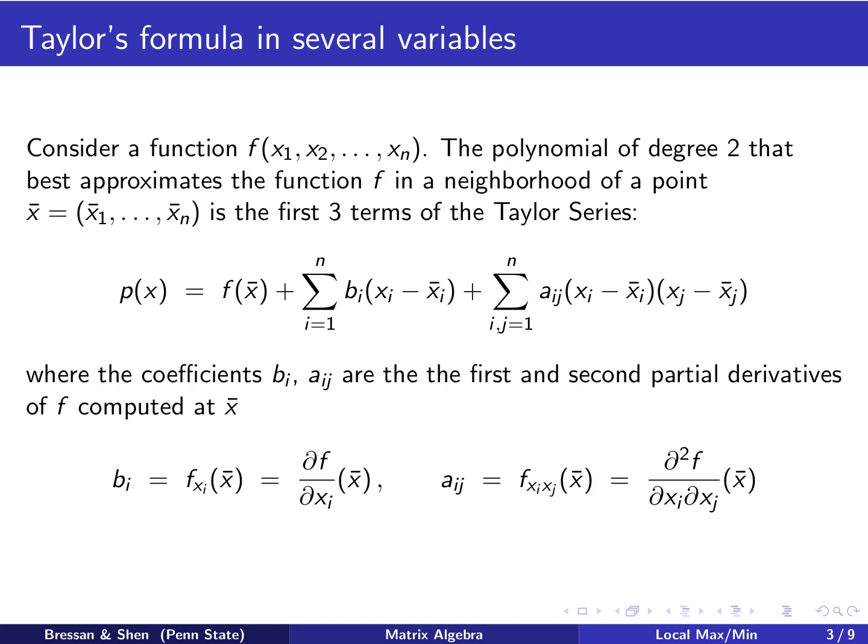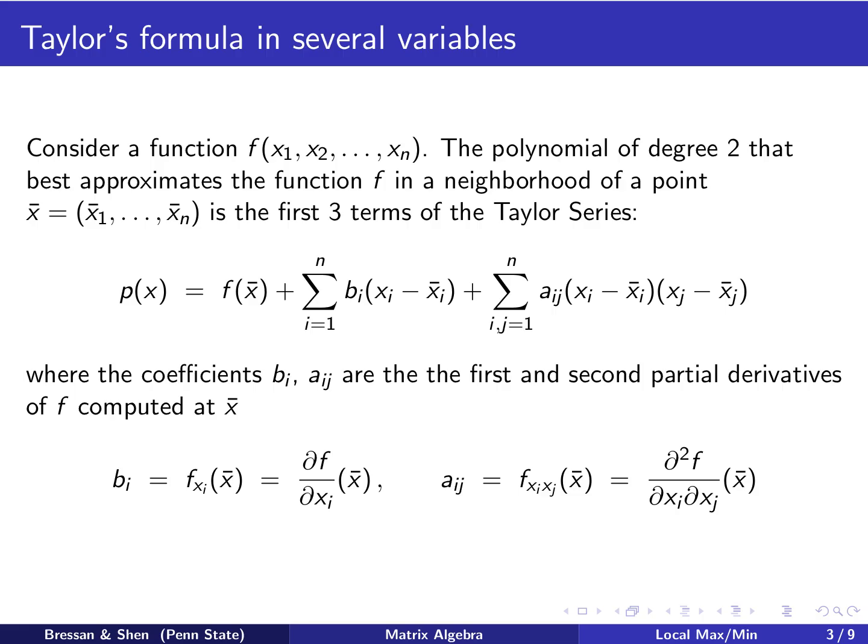Now let's review or introduce, depending on if you have learned this before, Taylor's formula for functions with several variables. So let's consider a function f that depends on n variables. Let's call them x1, x2, and xn.